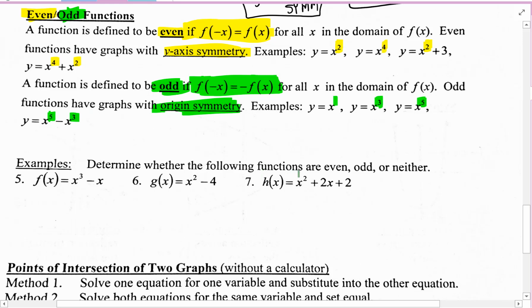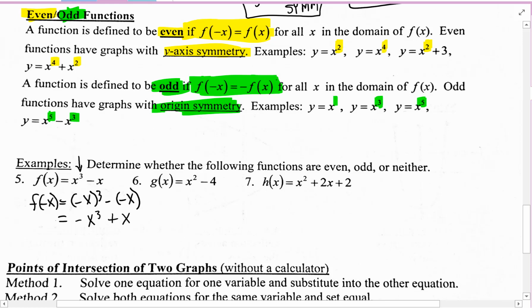Determine whether the following functions are even, odd, or neither, of course, is an option. So here, the biggest exponent I have is a 3, so this is only going to possibly be an odd function or neither. So f of negative x is equal to negative x cubed, which gives me a negative result. This is now plus x.